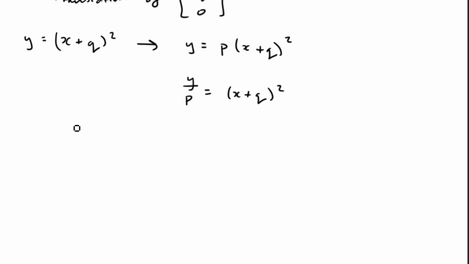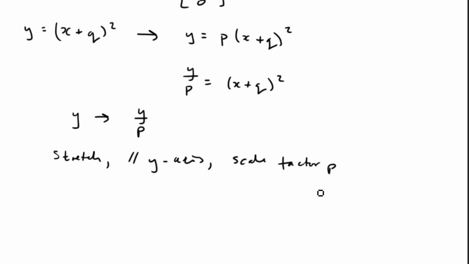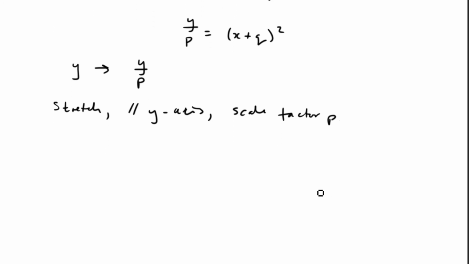So you can see that the algebraic change we have done is to replace y by y over p, and so our transformation rules tell us that what we have done is a stretch parallel to the y-axis of scale factor p. We're still not quite at the final destination that we wanted. We have got as far as y is p lots of x plus q squared.